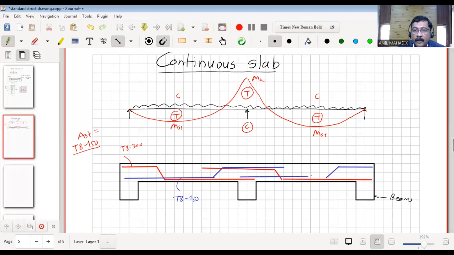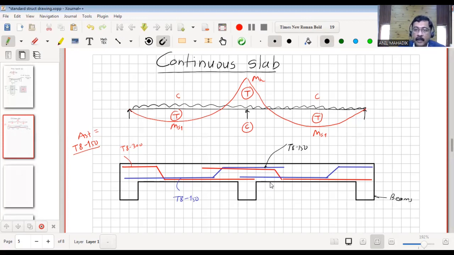This will be like this. Okay. So you can see at the mid support, this bar is continued in the next slab, and this blue color bar is continued in this right side slab. So we have T8 at 150 at that zone. So how much am I getting here? Same T8 at 150, because the blue and red color bars are both T8 at 300, and T8 at 300 means T8 at 150 as per AST requirement.